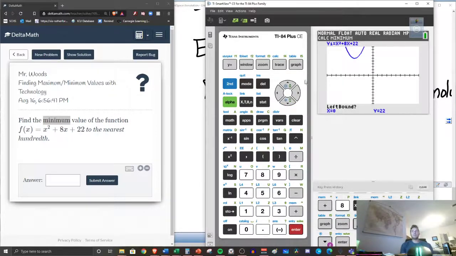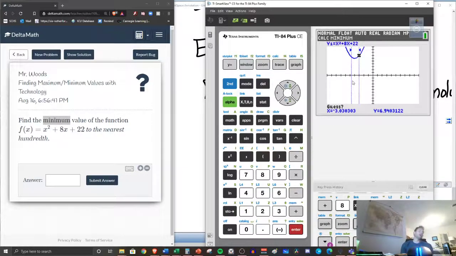First it wants you to find the left bound. If I use the movement keys here until I can see it, you'll see the x value, and we know that our x value is over here, negative. So I want to get the left bound. I know that it's probably about right there, but I want to go to the left of it, hit enter, go to the right of it, and you can see those boundaries there. Now I'm to the right, hit enter, and look at that, you have the boundaries.